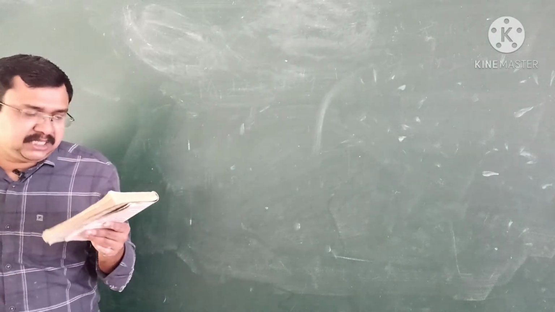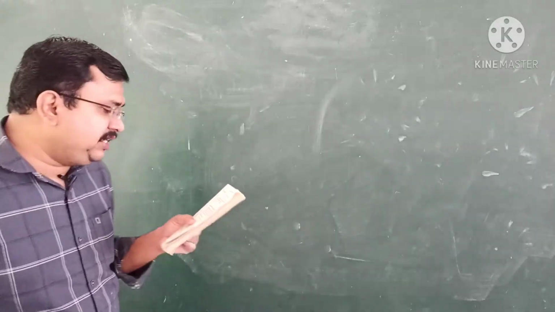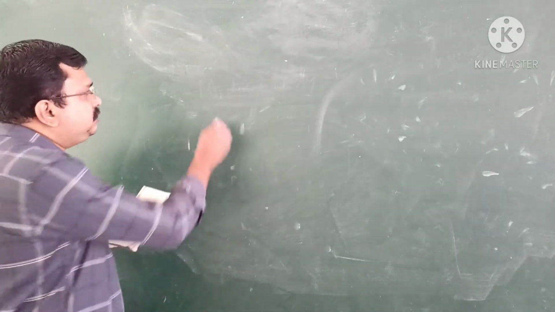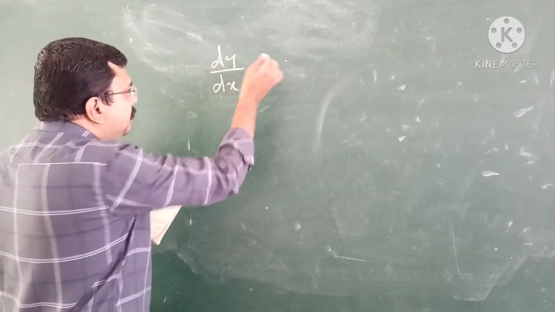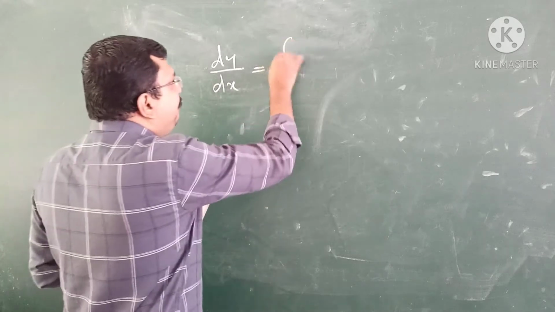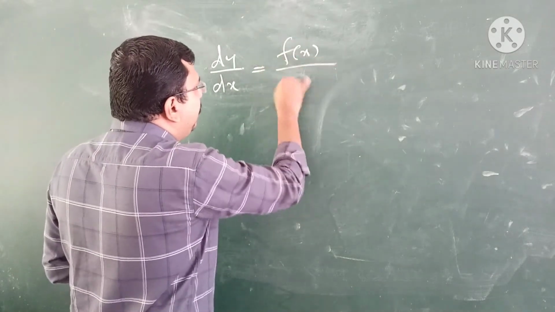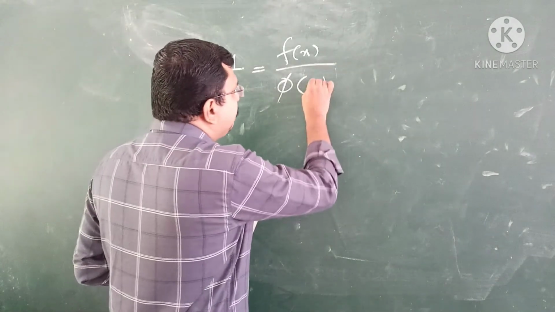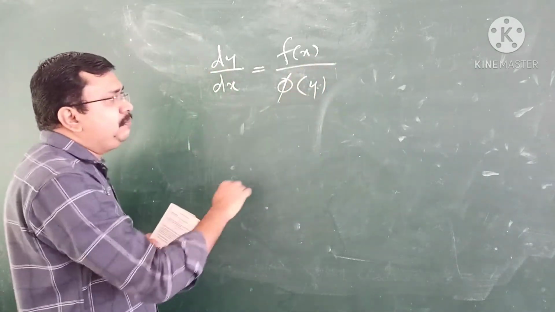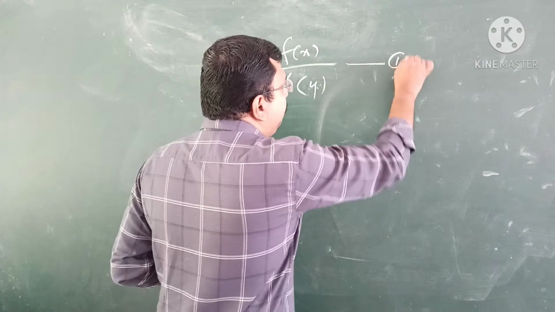Separable equation means many first order differential equations can be reduced into the form dy by dx equal to f of x divided by phi of y. Equation number 1.